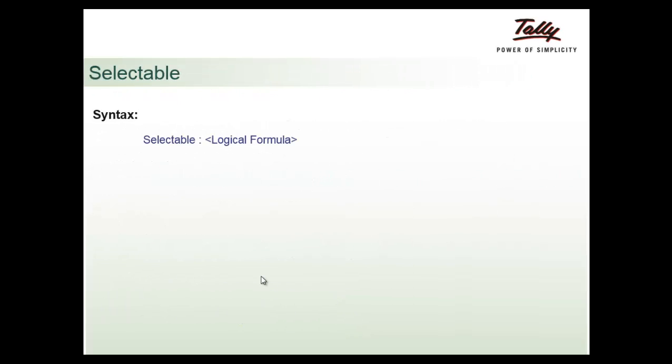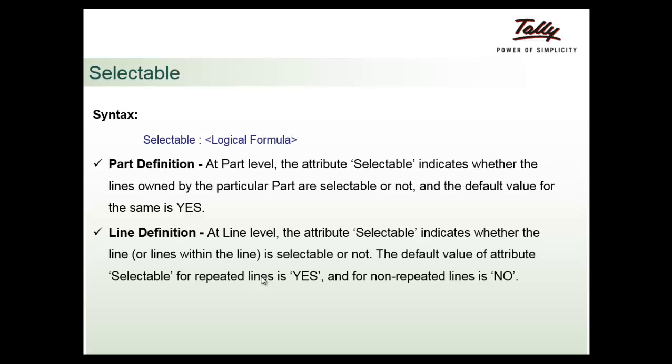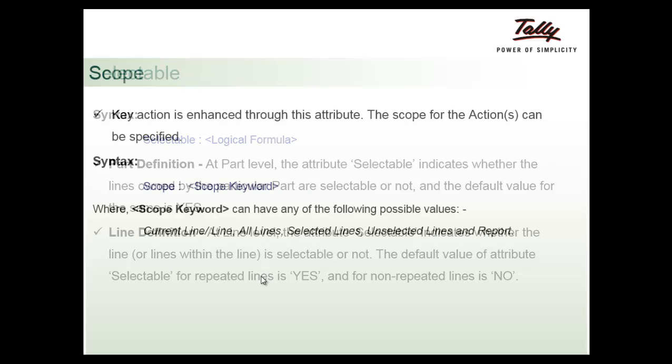Then we went to the action attributes. First we went to selectable. In the part level or in the line level definition, if you want the repeated lines to be selectable when you press the space bar, then you can say selectable yes, and the default value of the selectable attribute is yes. Then scope.